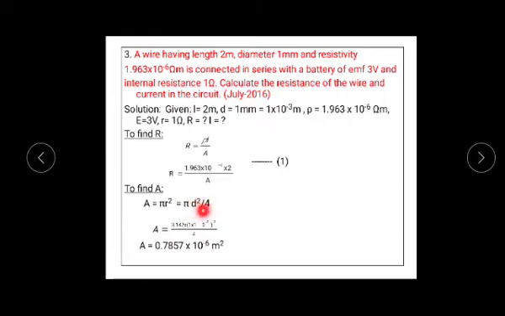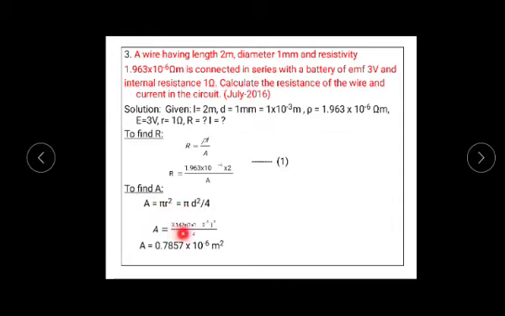Radius is half of the diameter. Since here it is r square, so you take it as d square divided by 2 square. 2 square is 4. So pi r square can be written as pi d square by 4 because diameter is given. Now substitute the value.